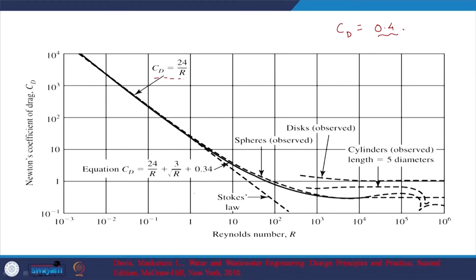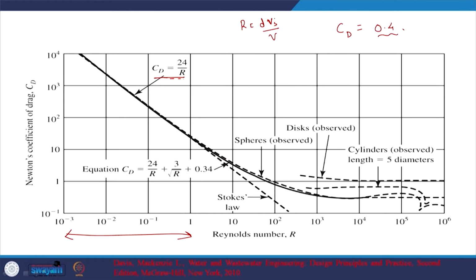But in the laminar flow region, the relevant coefficient of drag will be equal to 24 by Re. So, again the coefficient of drag is 24 by Re, and we know that the Reynolds number is equal to the diameter of the particle times the settling velocity of the particle divided by the kinematic viscosity, right. So, that is something to understand out here.